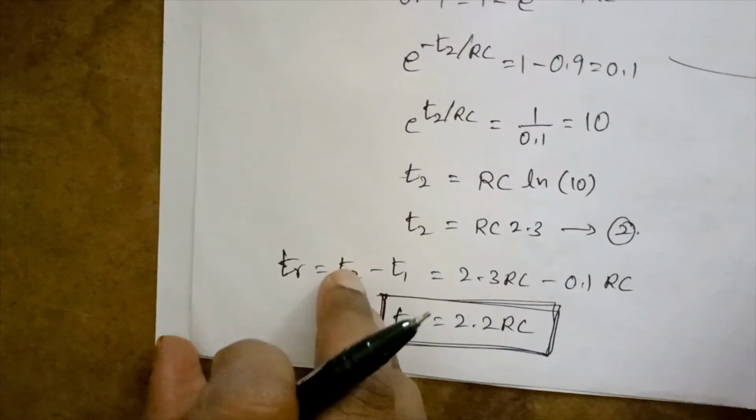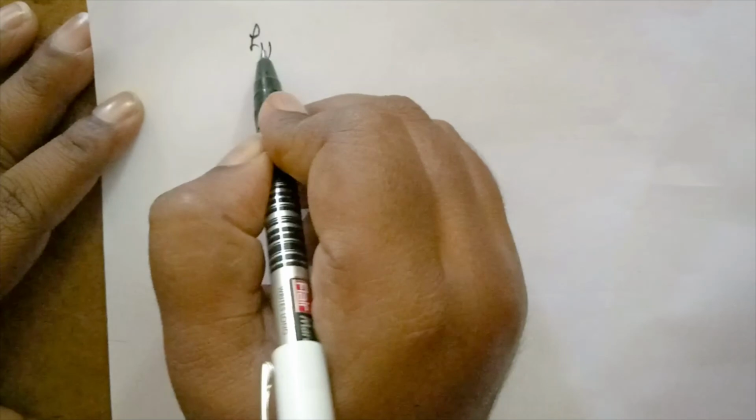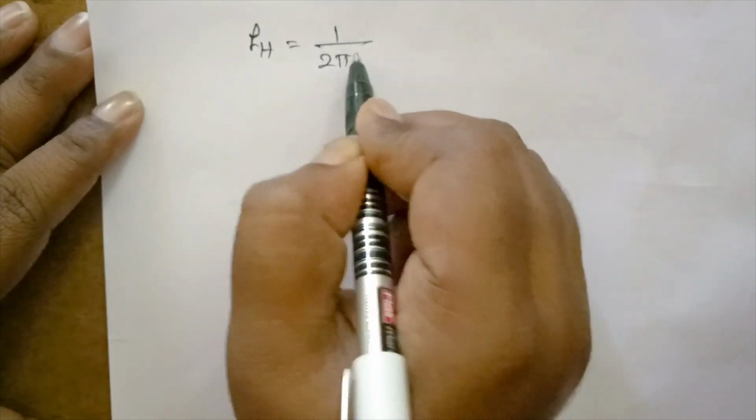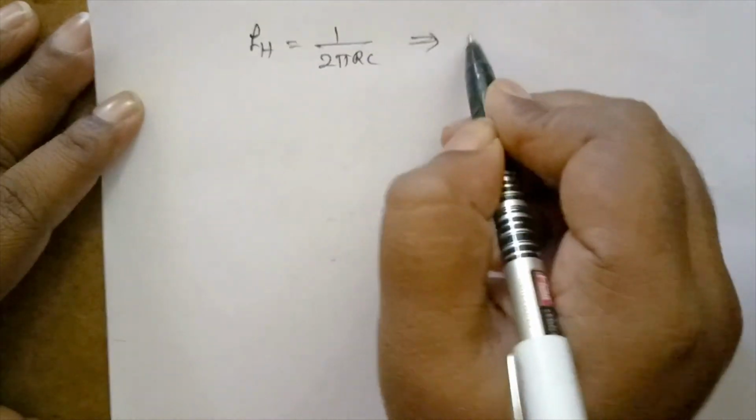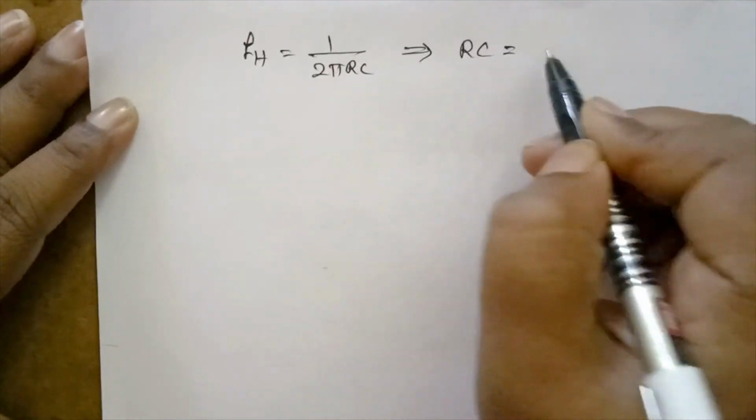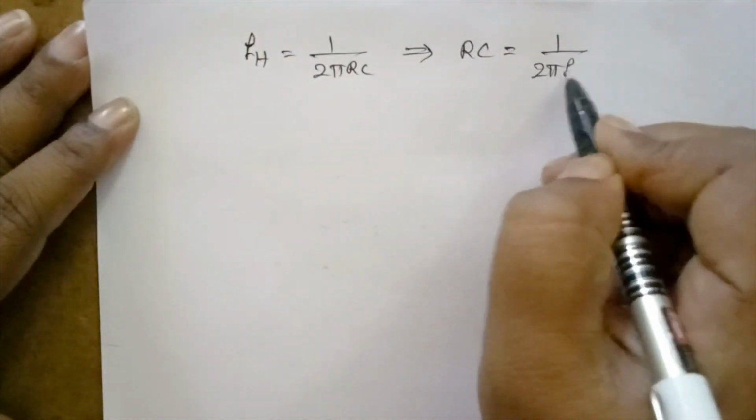Sometimes they also ask for rise time in terms of upper cutoff frequency. We already know the upper cutoff frequency FH is nothing but 1 by 2 pi RC. So from this, what is the RC value? RC is equal to 1 by 2 pi FH.